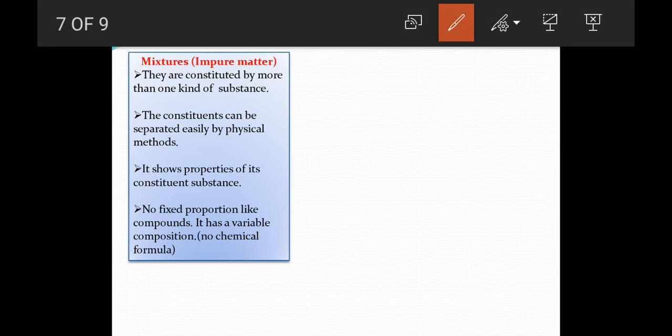So more about it. First, you can mix any number of elements or compounds and you can get a mixture. Let's say you mix gold plus some silver, then what you get is a mixture. You can separate gold and silver because they show different properties in the mixture.